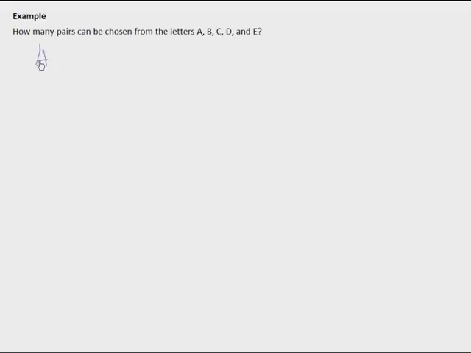I can choose A and B, A and C, A and D, A and E. That takes care of all pairs which involve the letter A. And I can choose B and C, B and D, B and E. That covers all the B's that were left over.